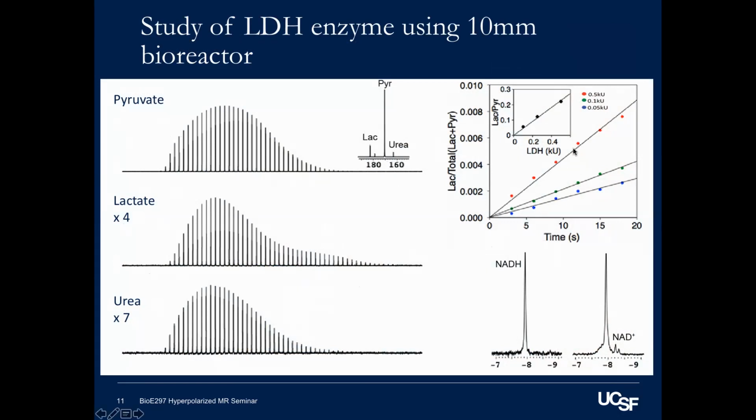What we show here is that over time, when these beads are encapsulated with different concentrations of LDH, you see increasing concentrations of lactate being produced. Simultaneously, NADH is a cofactor that's required for the conversion of pyruvate to lactate. We provide the NADH, and we see it being converted to NAD during that experiment.